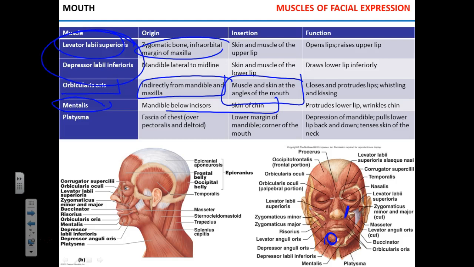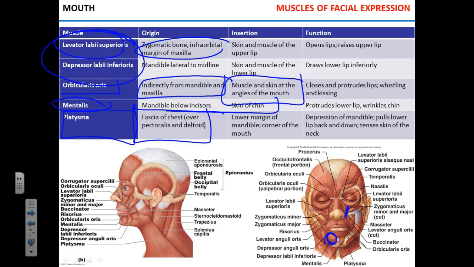Okay? The last muscle of facial expression is platysma. It's really big. The origin is the fascia of the chest. You see that pink muscle? And insertion is the mandible.